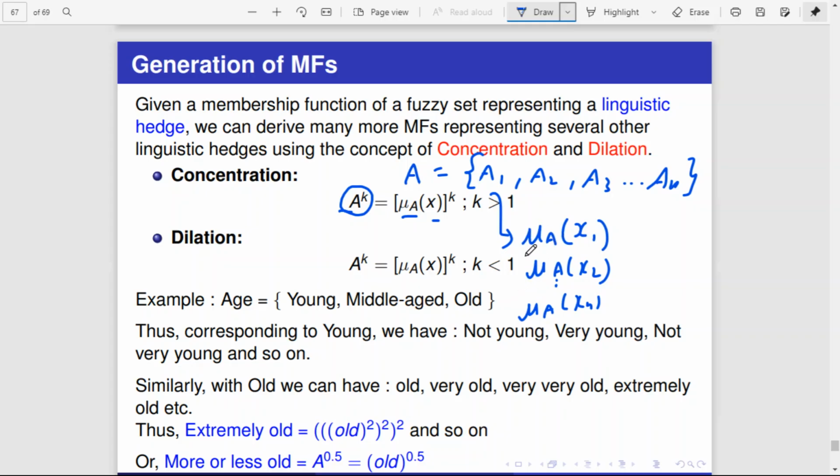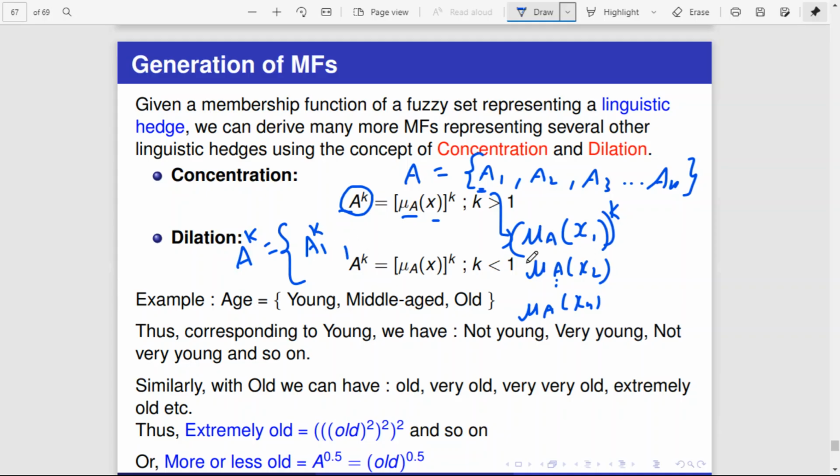Now from this membership function, we are going to derive another membership function. You can create another fuzzy set called A to the power k, such that mu A of x1 to the power of k, whatever the result of this, will go here, maybe a1 to the power k.